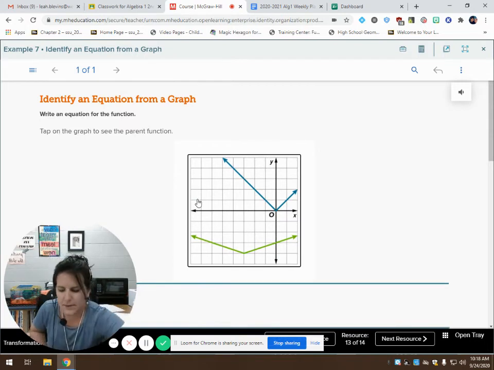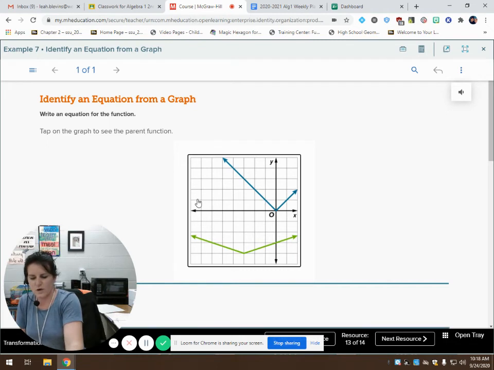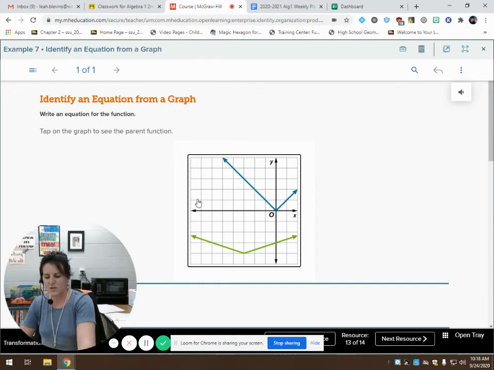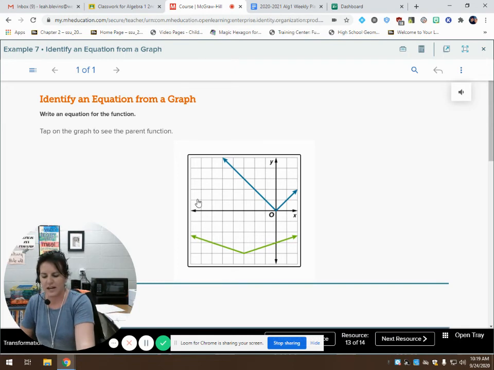I said -3, -4 was my vertex, and I said my slope was 1/3. So writing it out, I've got the absolute value of 1/3 x minus a -3. Instead of writing minus a -3, we know that minus a negative is the same as plus 3. Then I close the absolute value. Then outside of that, I'm going to have -4.